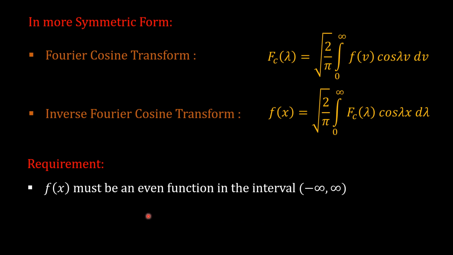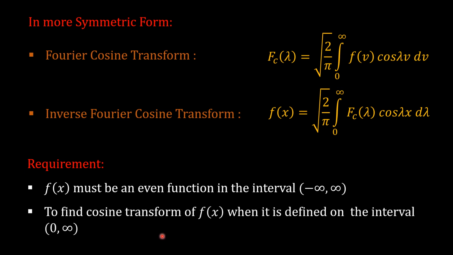Second thing, suppose the interval is not given minus infinity to infinity and we have been asked to find the Fourier cosine transform, then the interval must be 0 to infinity. So to find cosine transform of f of x when it is defined on the interval 0 to infinity. So whenever interval minus infinity to infinity is there, that function f of x must be an even function in that interval.